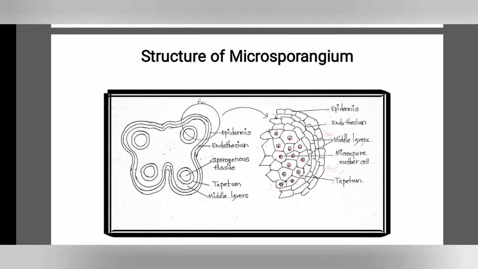On the right-hand side, a magnified image of a part of the microsporangium is given. Here also the parts are neatly labeled: the outermost layer epidermis, then the endothecium, then the middle layers, and finally the tapetum.